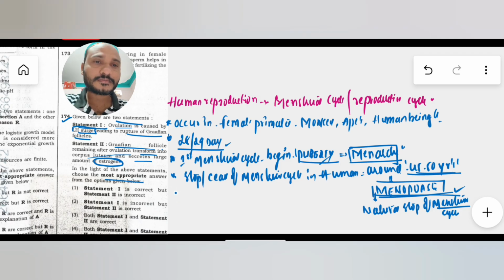Generally the menstrual cycle occurs in 4 phases. The major events of the menstrual cycle occur in 4 phases.